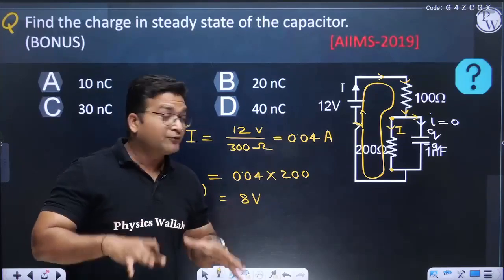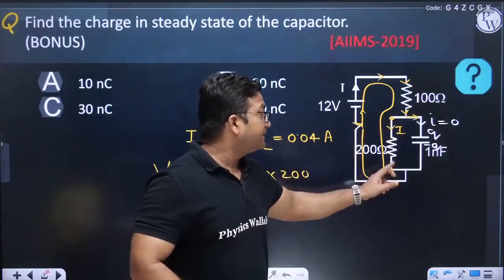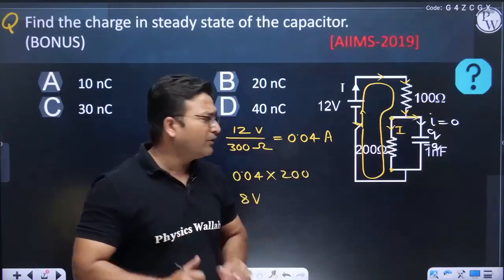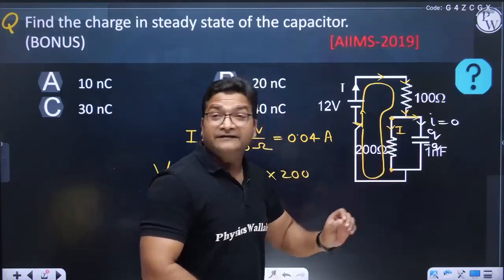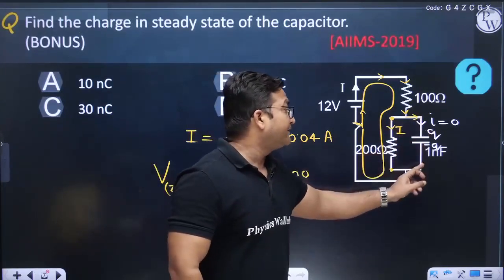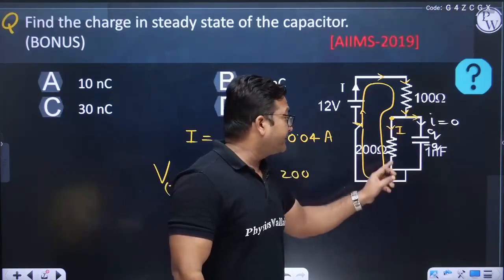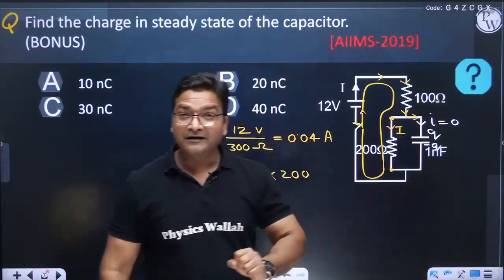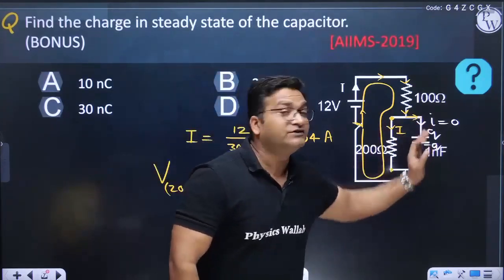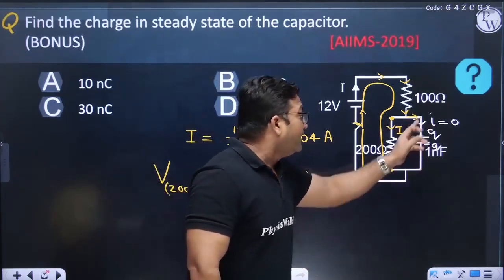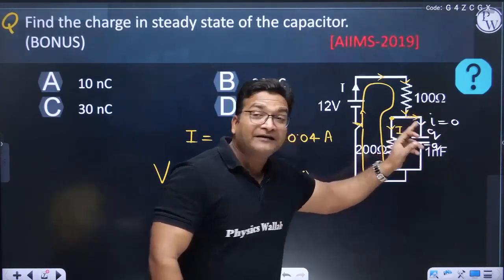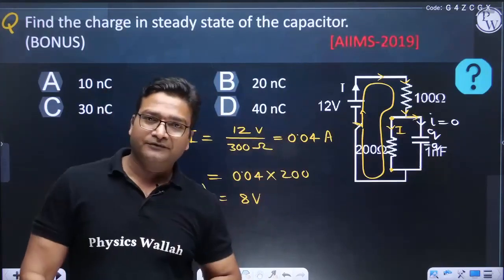And why am I trying to find the potential difference across this resistance? The reason is simple, because this resistance is in parallel with this capacitor. And if this resistance and this capacitor are in parallel, the potential difference across the two will be the same. So you can say the potential difference across the capacitor is also 8 volt.